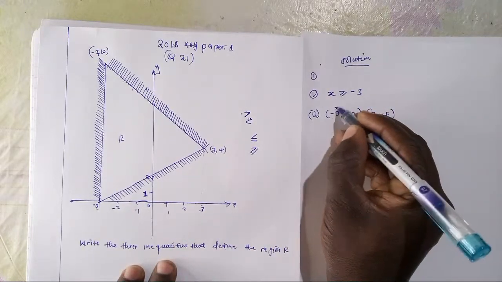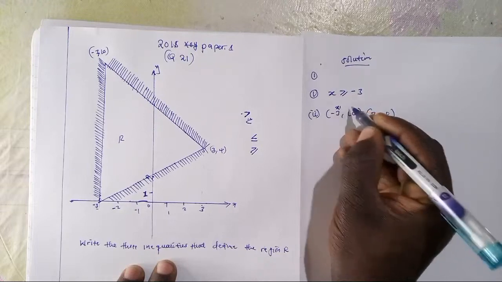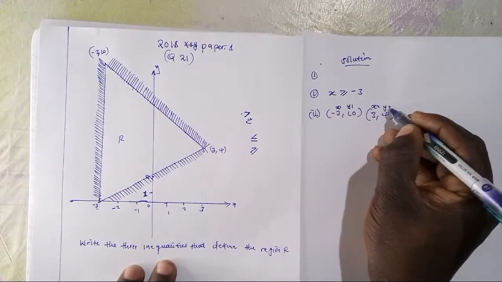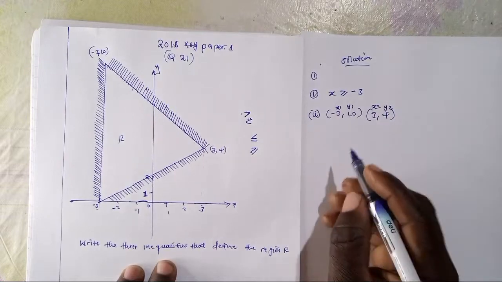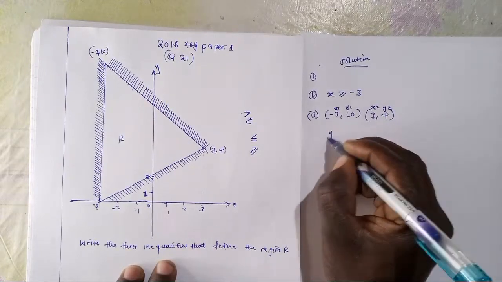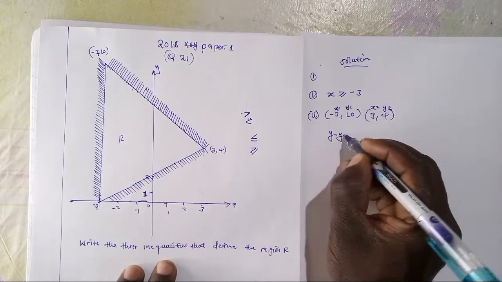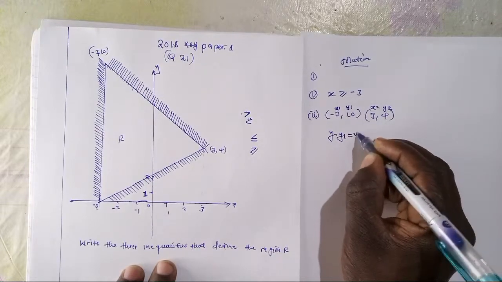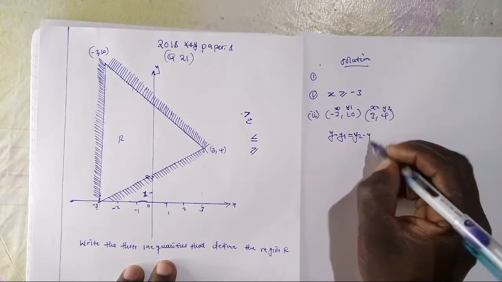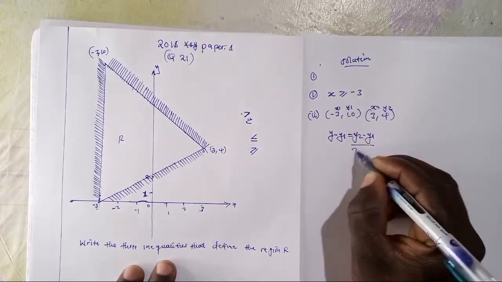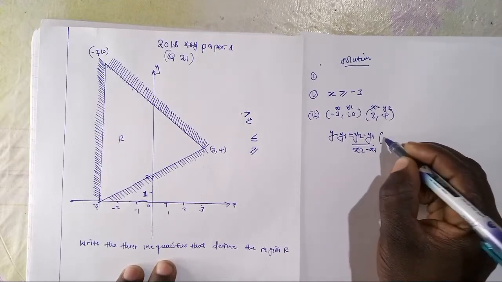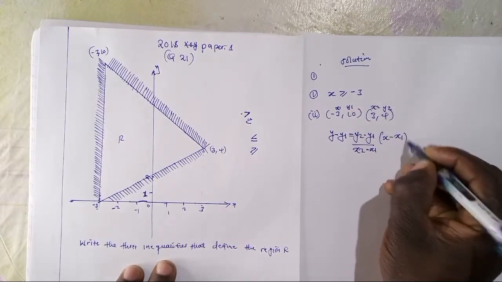So here we denote x1, y1, x2, y2, right? Then we are going to use this formula, which is y minus y1 equals y2 minus y1 over x2 minus x1, then open bracket x minus x1.